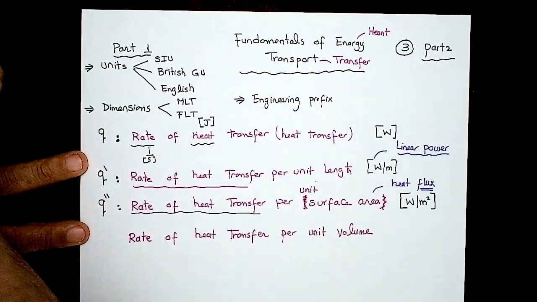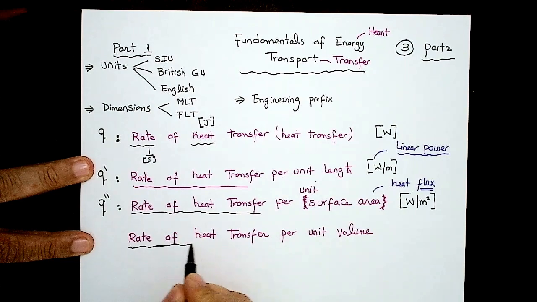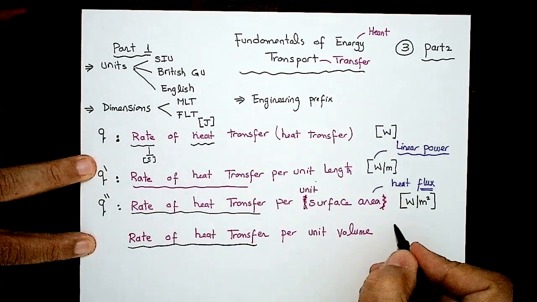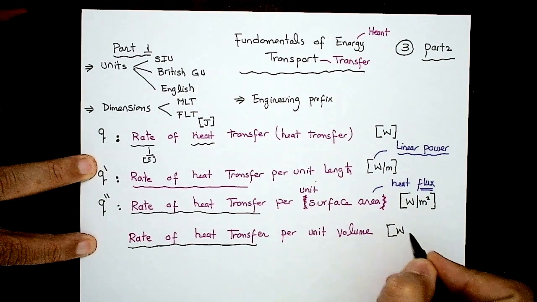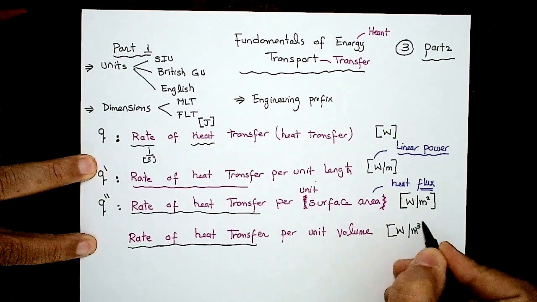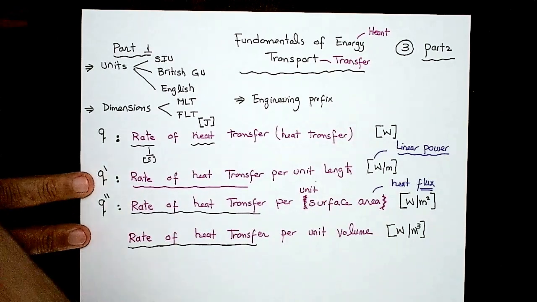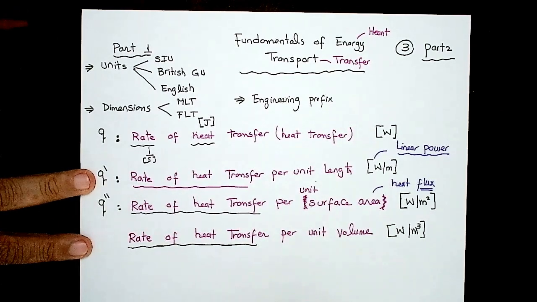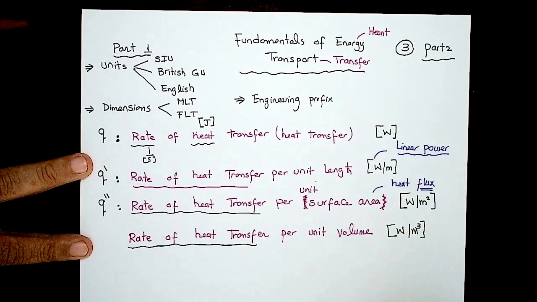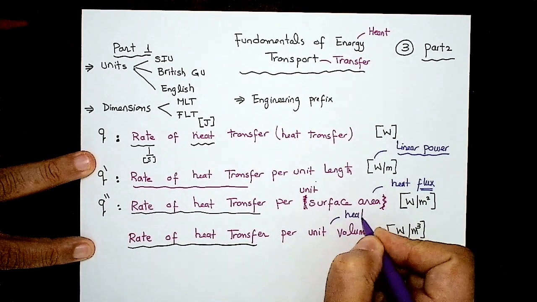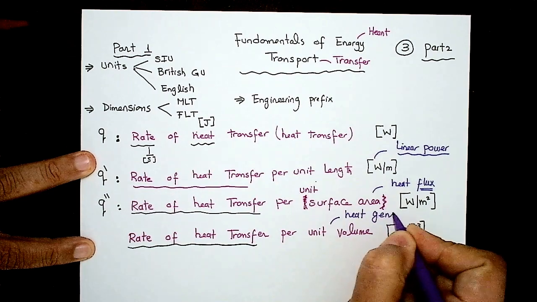Okay, and it's clear the rate of heat transfer is still with the basic unit watts, and now per unit volume. So the final unit will actually be watt per meter cube. And the equivalent name for that rate of heat transfer per unit volume, we call that actually the heat generation.